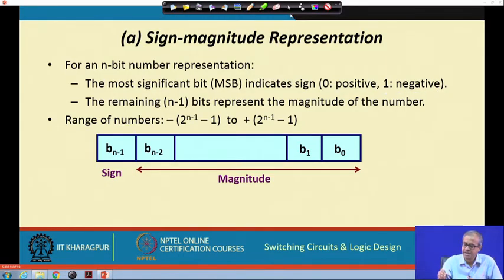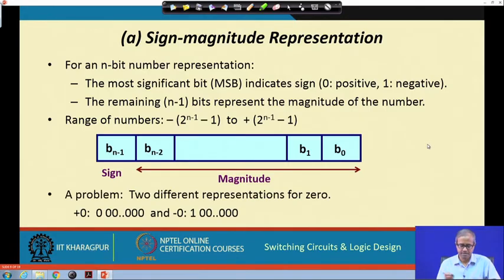This follows directly from the binary representation. But there is one issue here, you can see that in this representation 0 is represented by 2 different bit patterns, because for the number 0 the magnitude obviously will be 0.